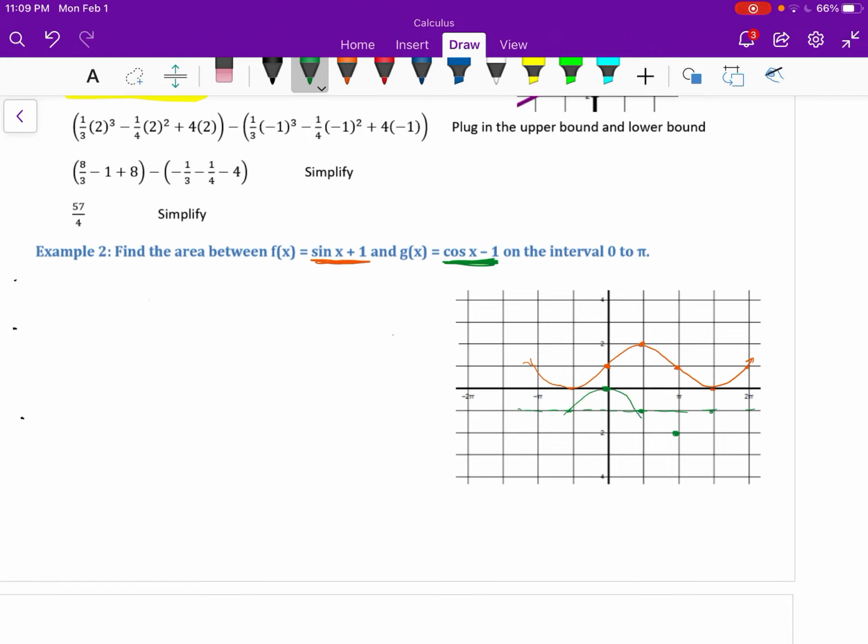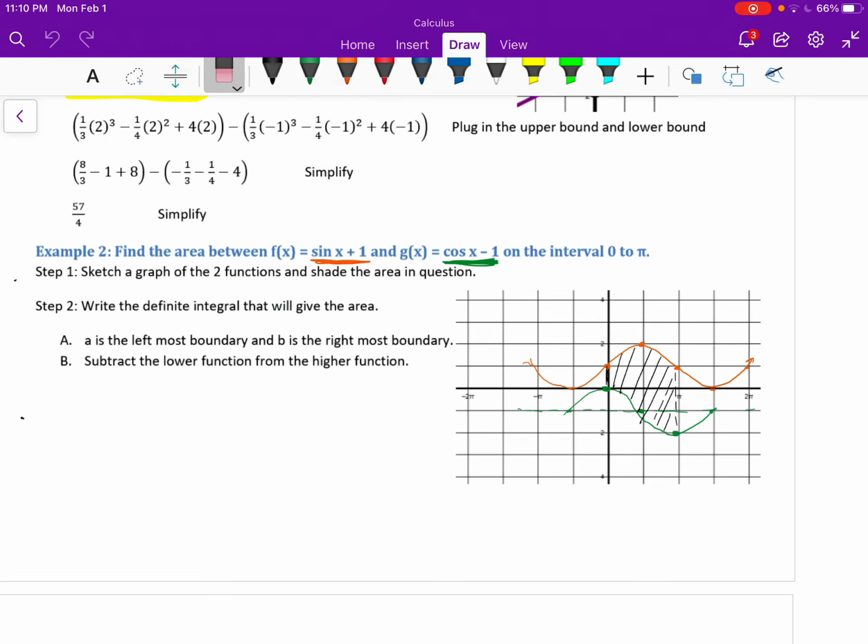And really, we don't need much of this because it's just asking for between 0 and pi. So let's go ahead and show that area. That's in here from 0 to pi. It's helpful to draw the graph. That's one of the first things it's helpful to do.